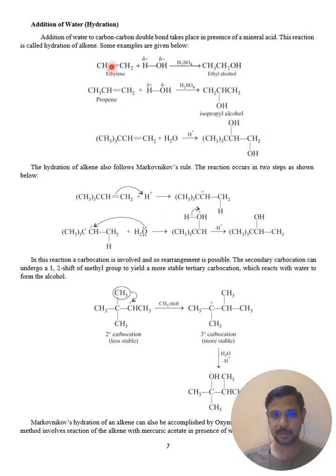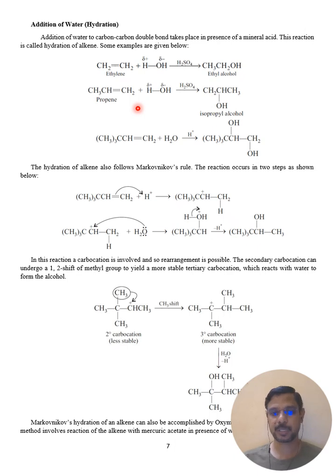Addition of water. Okay, so now we come to the water addition. Previously we have seen hydrogen halide, now here we are going to see water, that means HOH. So instead of Br minus, here we are having OH minus, right? This always happens in the presence of H plus, because we need a protonating agent to initiate the protonation through acid catalysis, right?